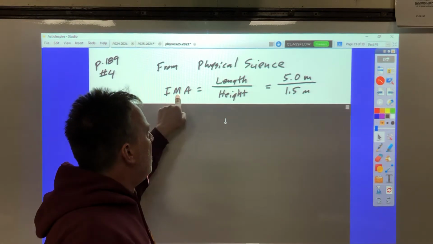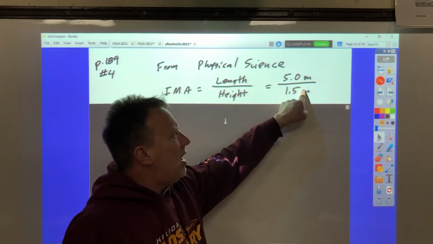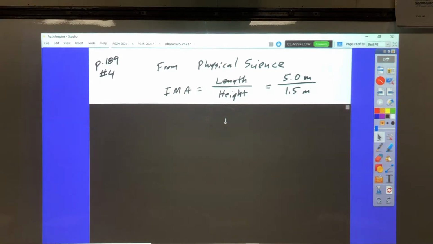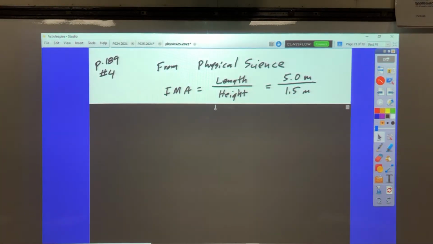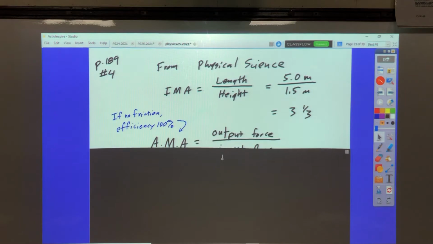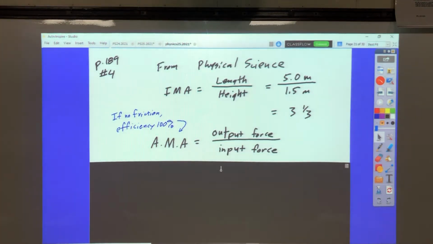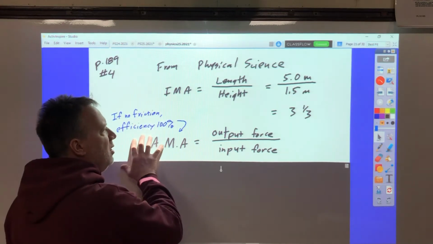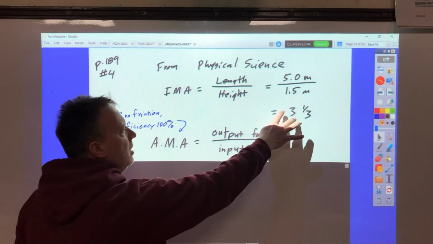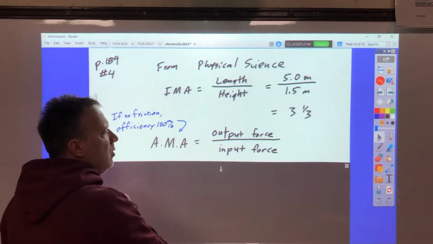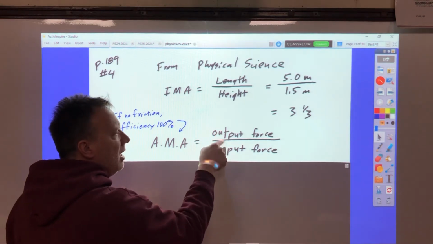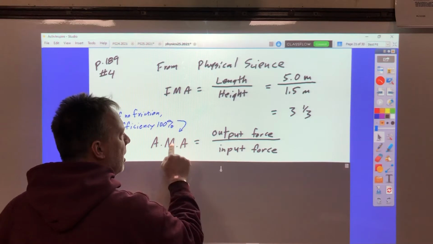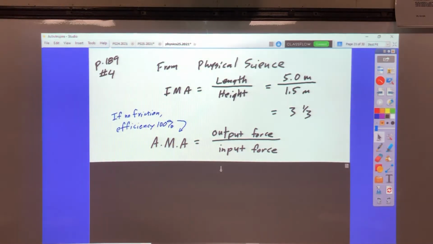But the IMA is the length over the height, and that's 5 meters over 1.5, which means the mechanical advantage of this machine without friction, this ramp, should be 3 1/3. And if there is no friction and the efficiency is 100%, then this 3 1/3 we can use for AMA, and we can find either one of these forces if we have the other one. Output force divided by input force is AMA.